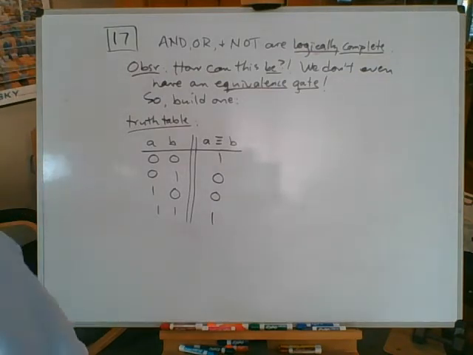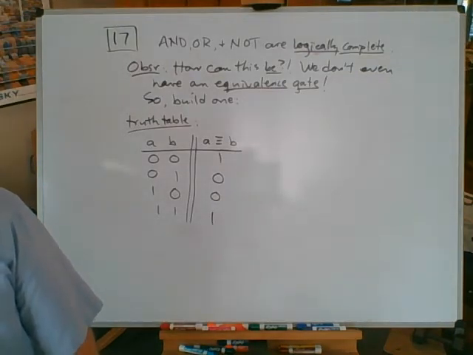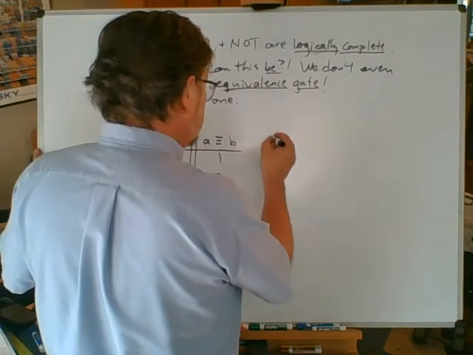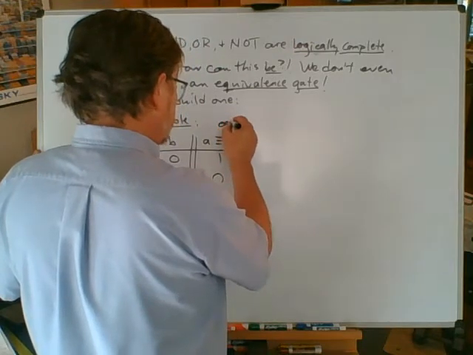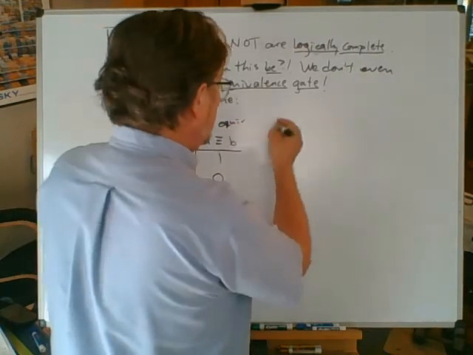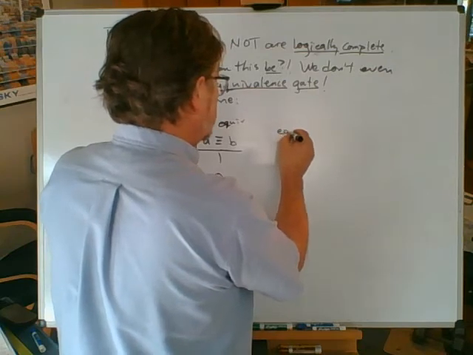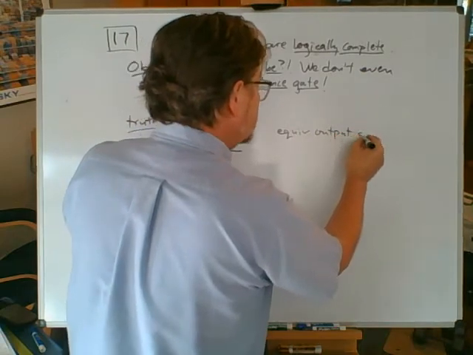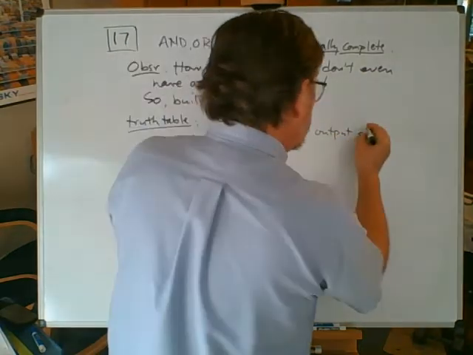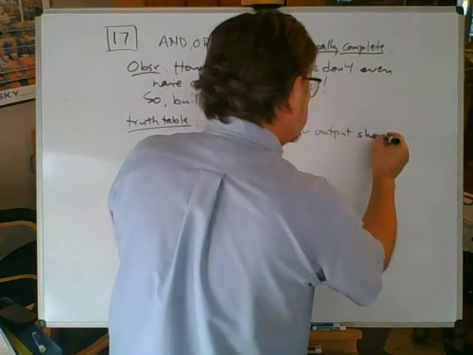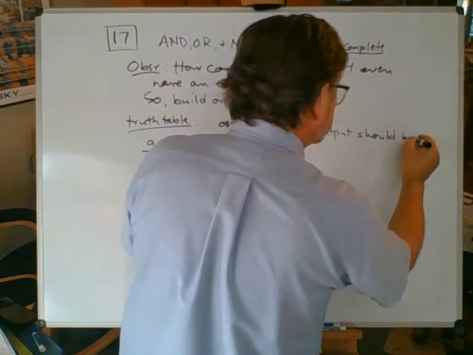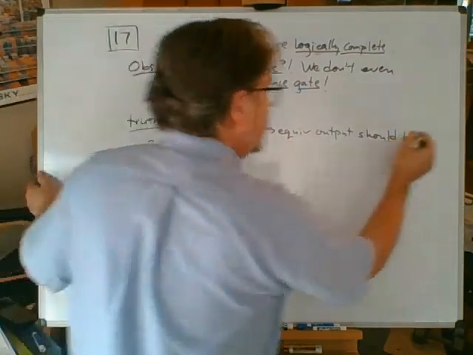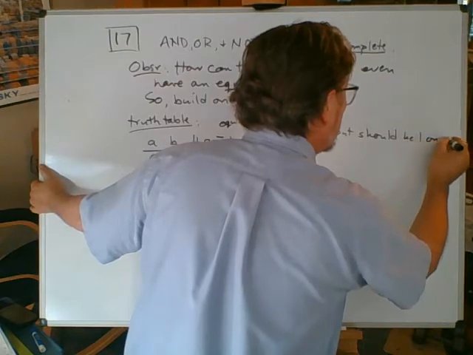Actually, I think we can write a fairly decent English description, can't we? Equiv, this will be equiv, so I can refer to it in my word description over here. Equiv output should be, this is an observation too, Equiv output should be 1, or on, when A is off.